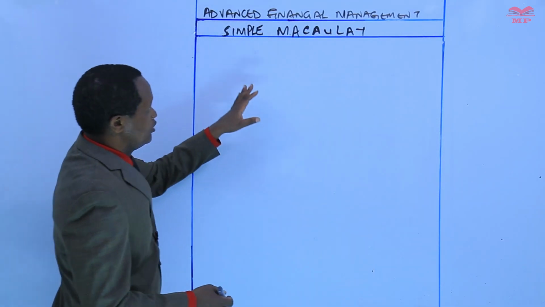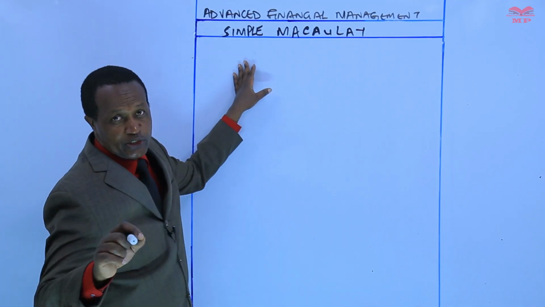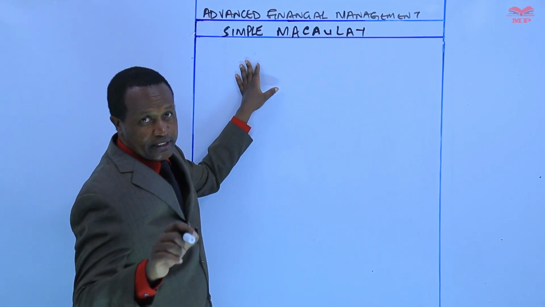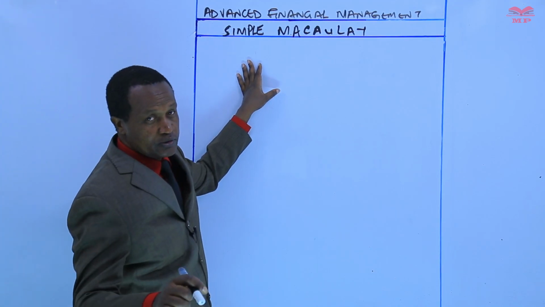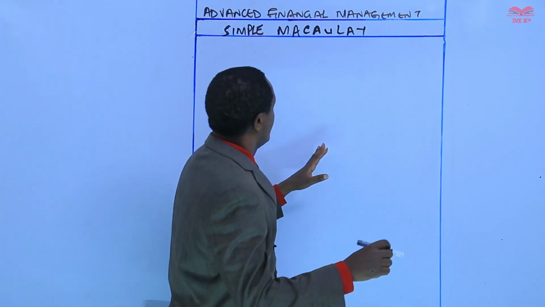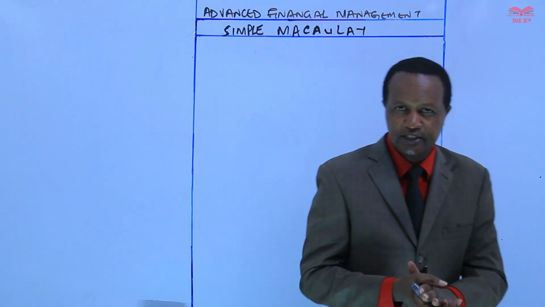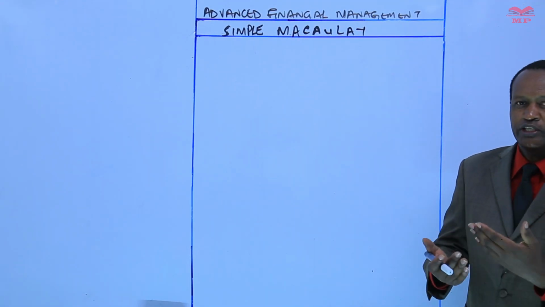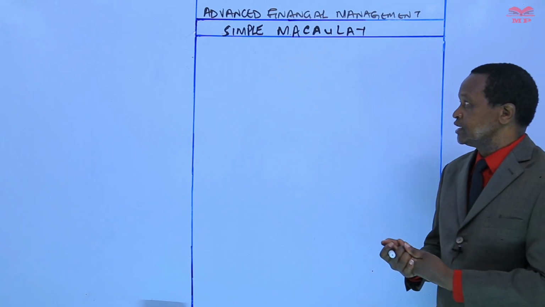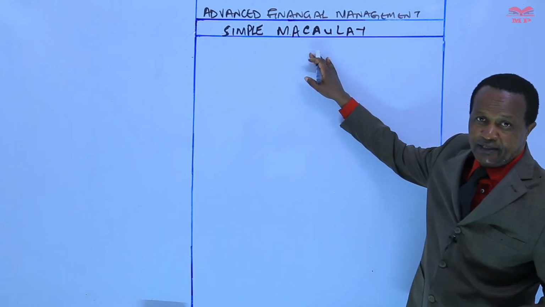So we start with the simple Macaulay duration, which, as the name suggests, is a concept that is attributed to a gentleman known as Robertson Macaulay.